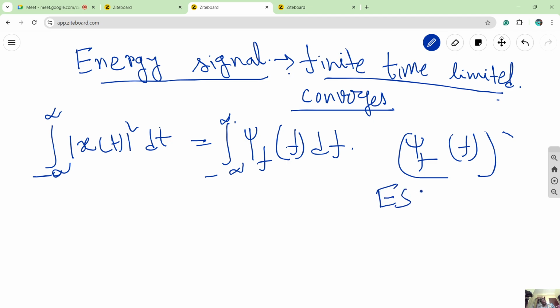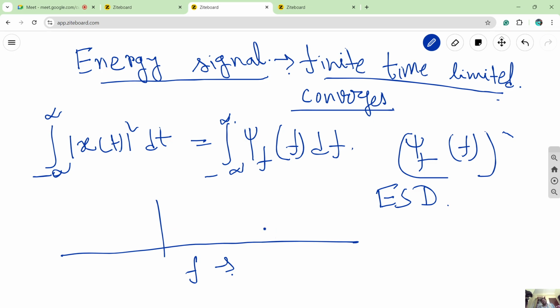ESD. So actually ESD means over this frequency band how the density of the energy is distributed. So suppose the ESD comes like this. It says more of the energy is distributed within this range and then it goes down again.